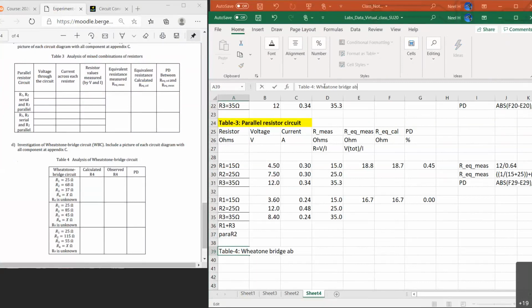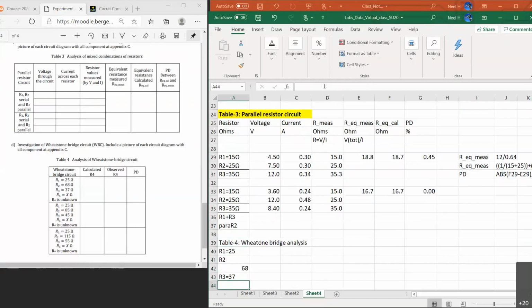Then in column 1, I need all the R values, right? R1 equals 25, R2 equals 68, R3 equals 37, R4 is unknown right now, okay?